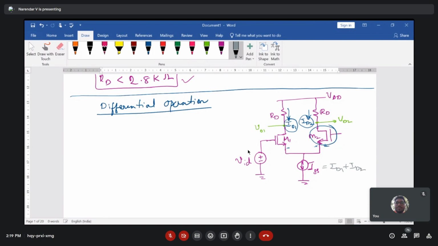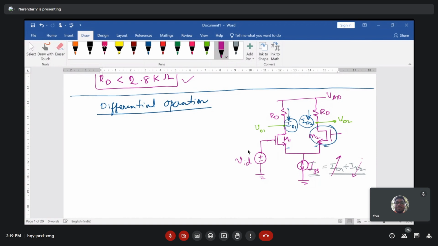The total current is ISS. If ID1 increases, because ISS is constant, then ID2 is going to decrease, or the reverse: ID2 increases and ID1 decreases, and finally the total value is equal to ISS. Whatever the operation you do, the net value of ISS remains the same.